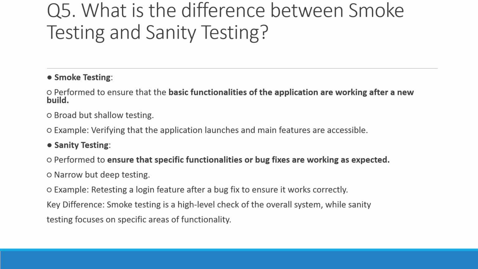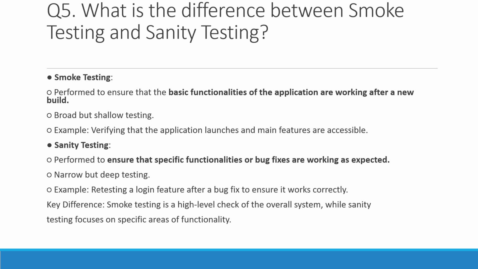Question number 5. What is the difference between smoke testing and sanity testing? Smoke testing, a broad but shallow check to make sure basic functionalities are working after a new build. For example, application launch and main features accessibility.